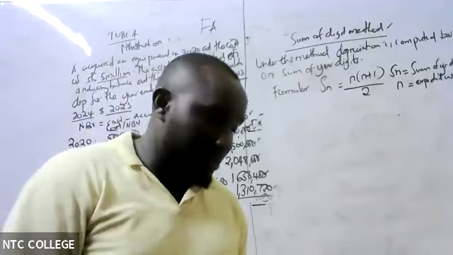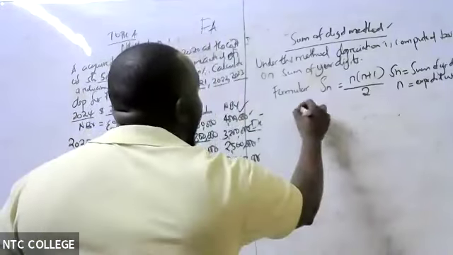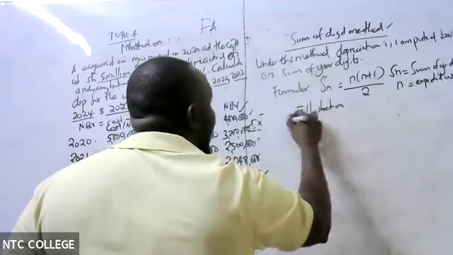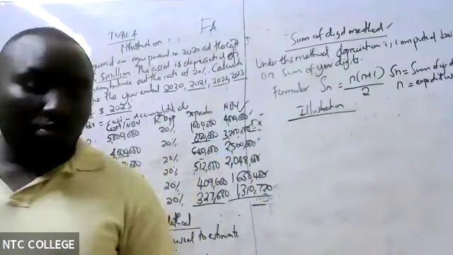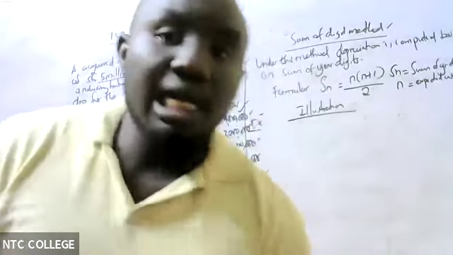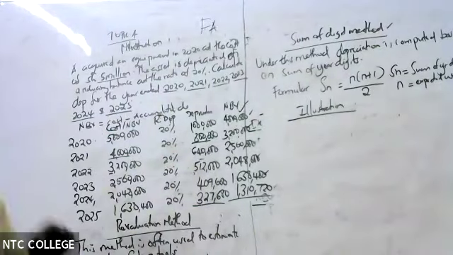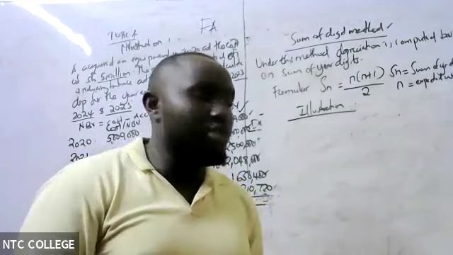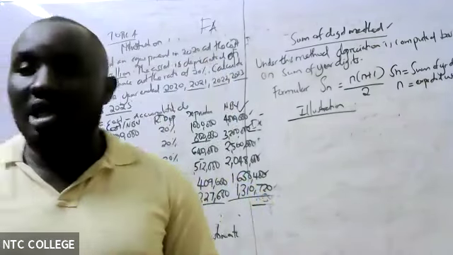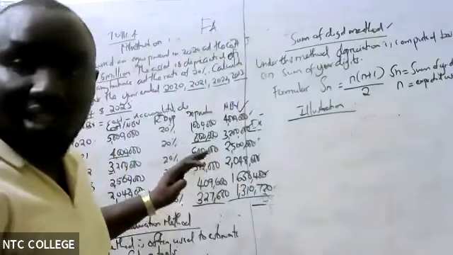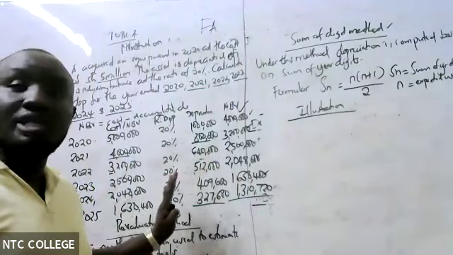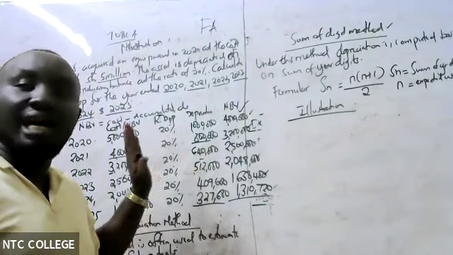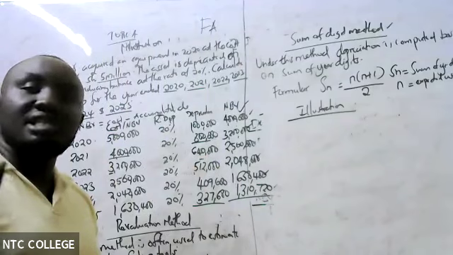Then we have our illustration. Before we do an illustration, I just wanted to bring our attention to something. Sometimes students are not very keen on depreciation. You're given the value of the asset at the beginning and the value at the end. At the beginning the value of the asset is very high, and at the end it is very low.